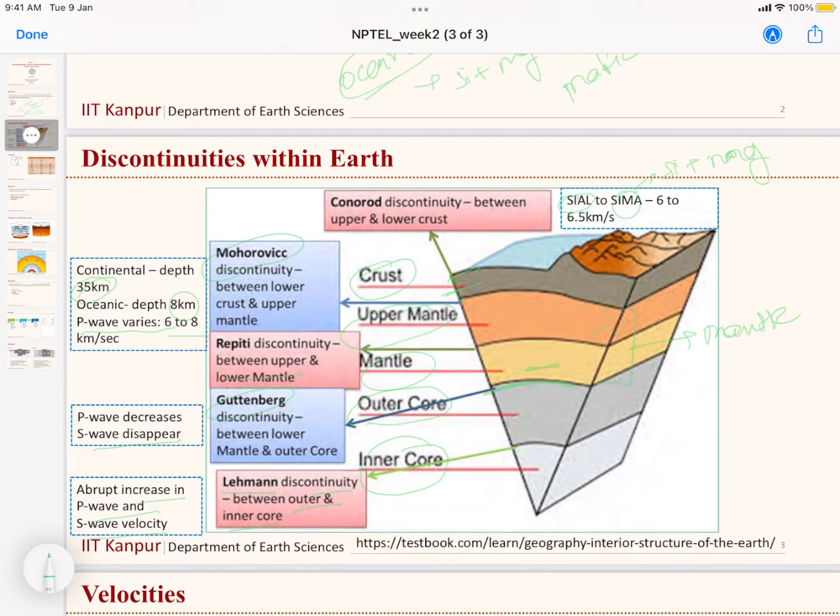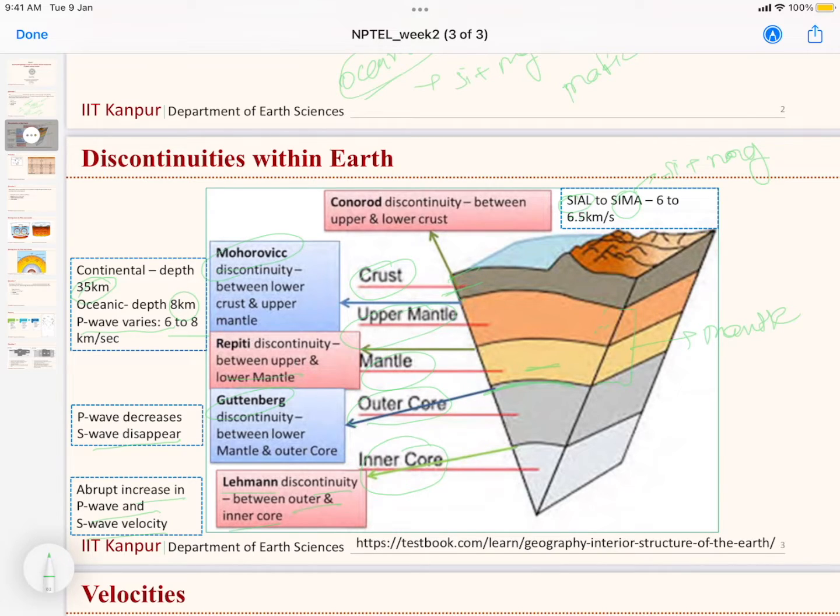If not, that's fine, we can discuss this concept, because it is a very important concept and I want all of you to understand it well. So why does the S wave disappear and the P wave velocity decrease?